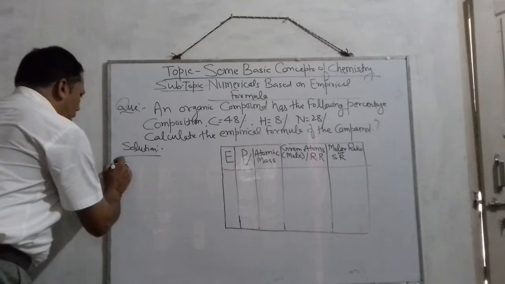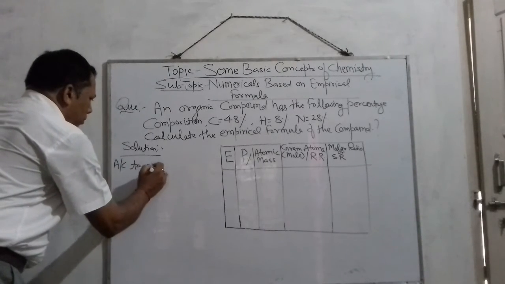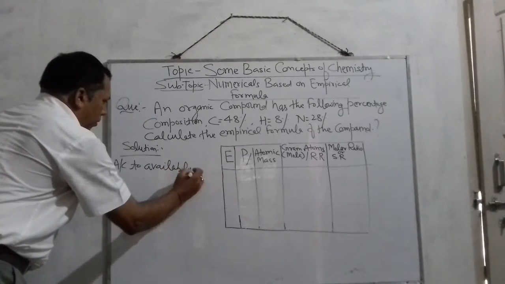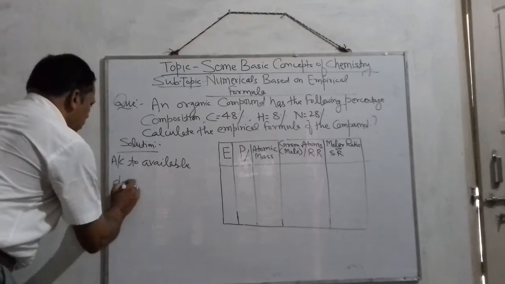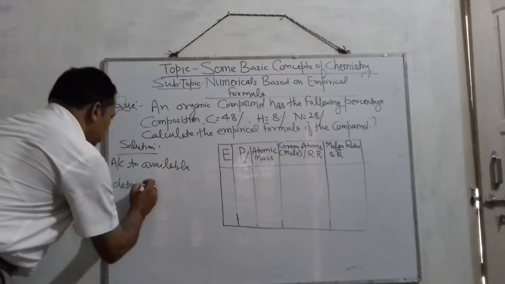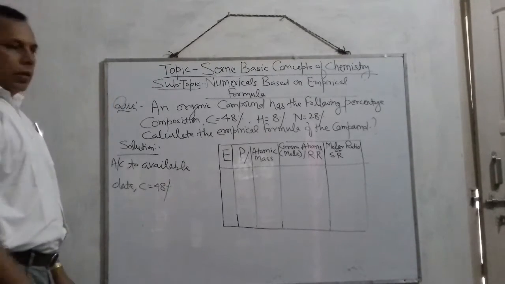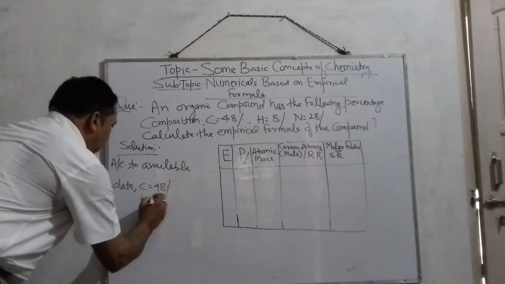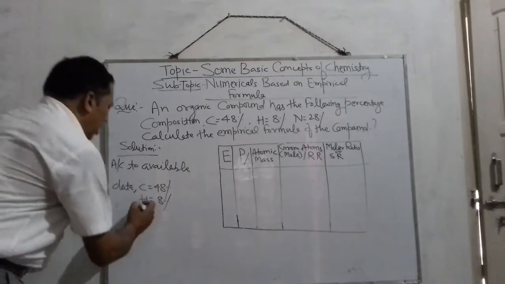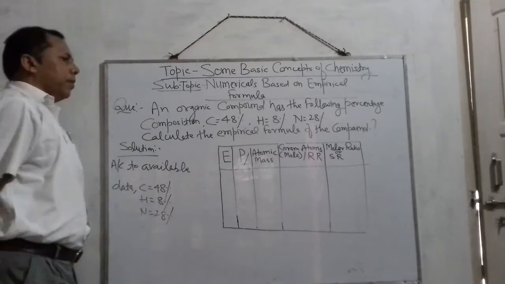According to the available data, carbon is 48%, the percentage of hydrogen is 8%, and the percentage of nitrogen is 28%.